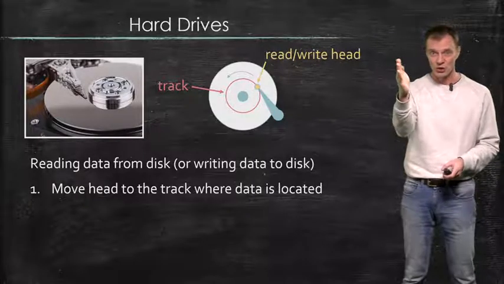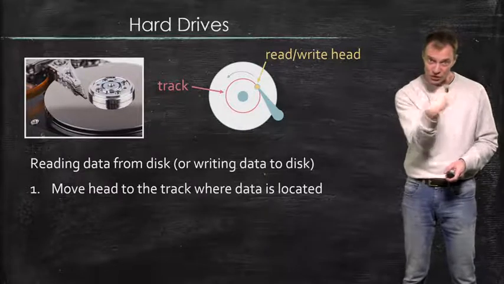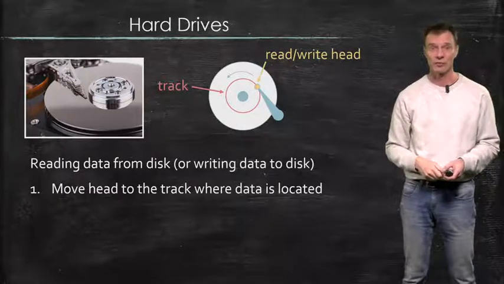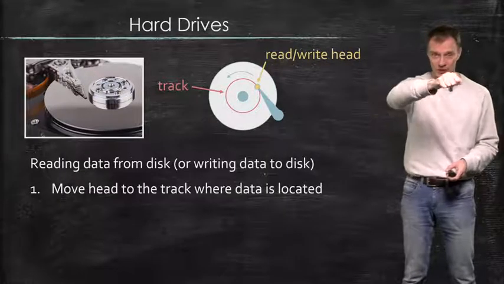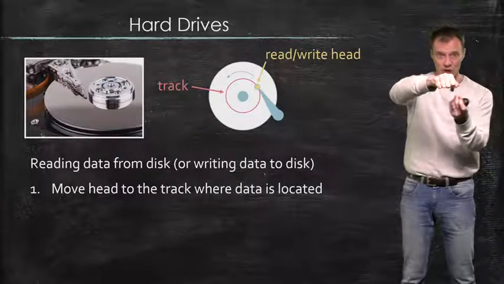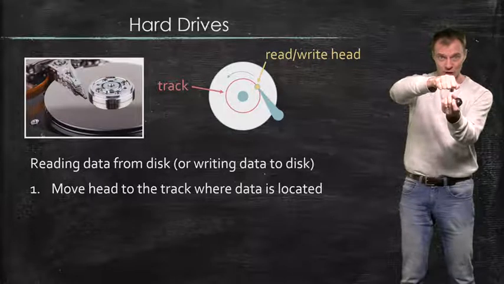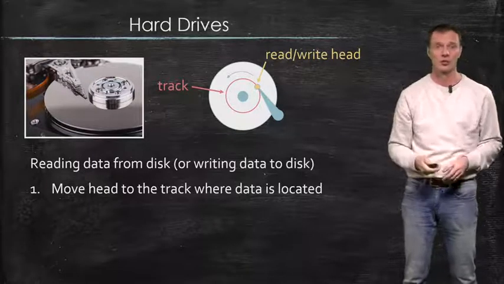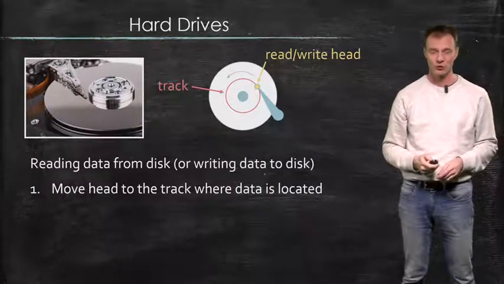As you move this head, the disk is still spinning very quickly. So when the head is finally above the right track, then you need to wait until the data item is actually right below the head.